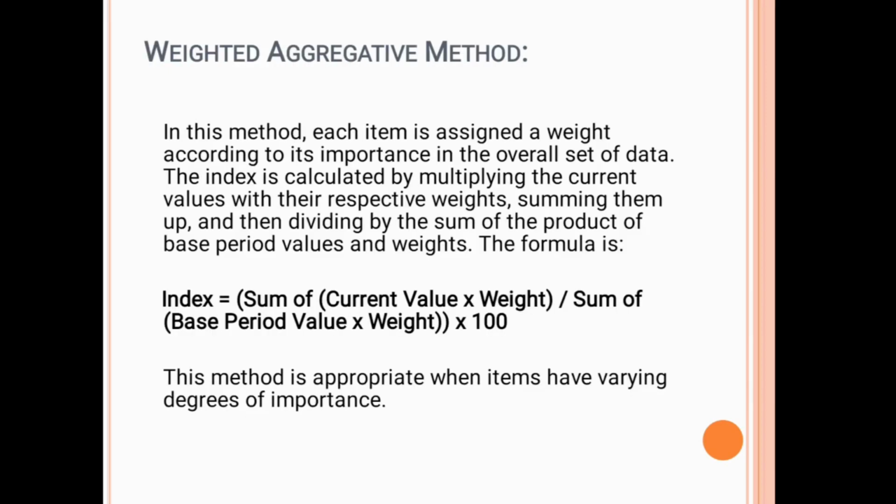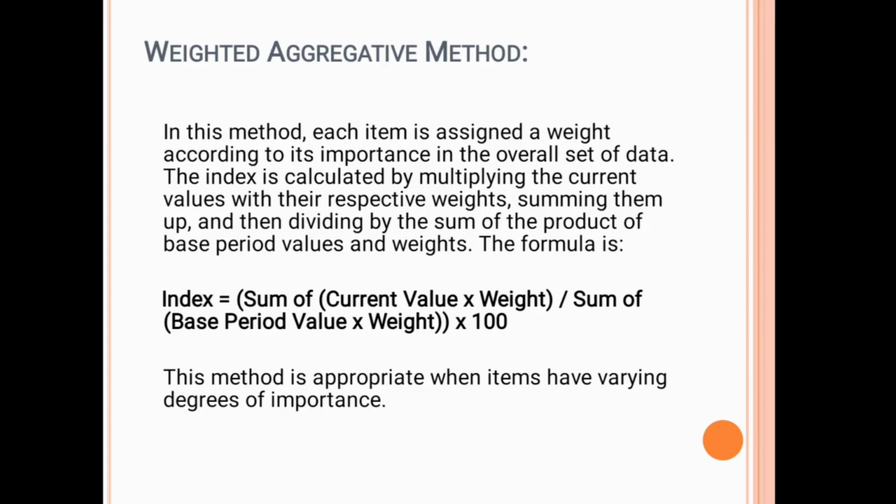Weighted aggregative method. In this method, each item is assigned a weight according to its importance in the overall set of the data. The index is calculated by multiplying the current values with their respective weights, summing them up, and then dividing by the sum of the products of base period values and the weights. The formula is P01 is equal to sum of current value into weights divided by sum of base period value into weights, into 100.